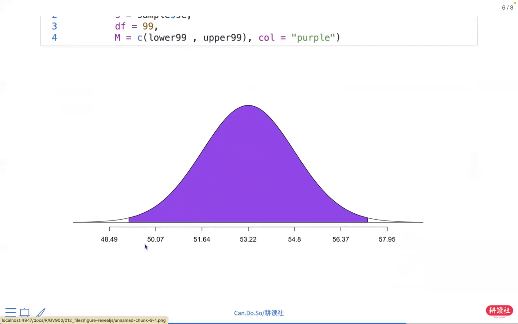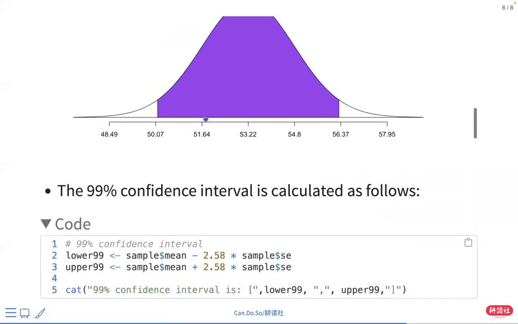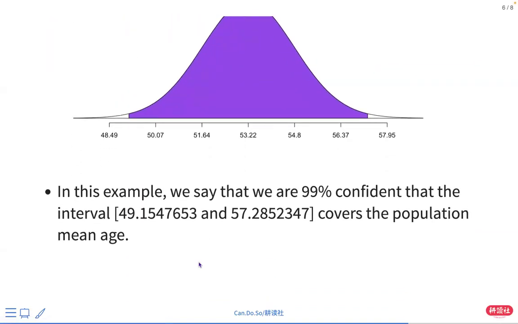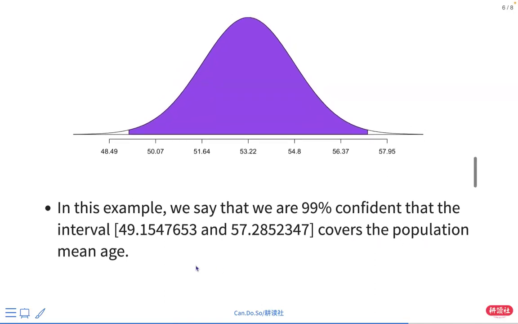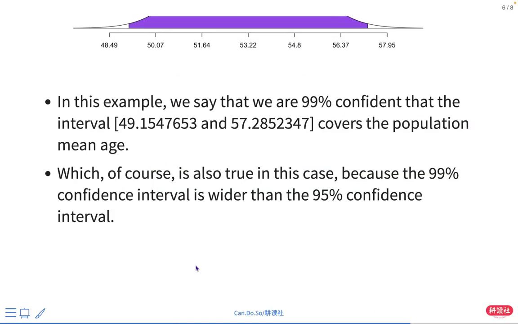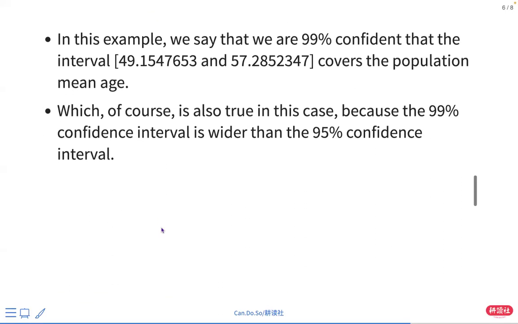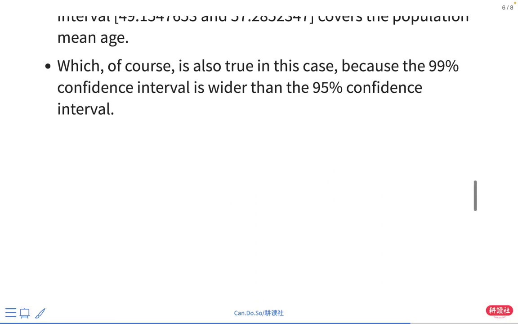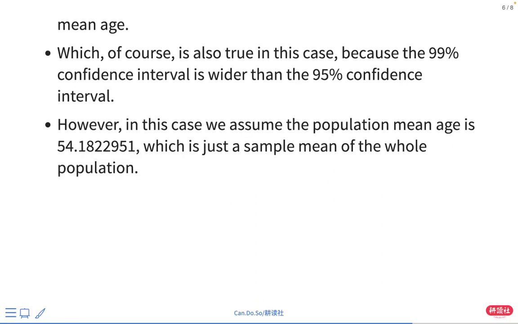In this example, we say that we are 99% confident that the interval covers the population mean age, which of course is also true in this case, because the 99% confidence interval is wider than the 95% confidence interval. So if the narrow one, the 95% confidence interval, covers the population mean, then the wider one, of course, covers it as well.